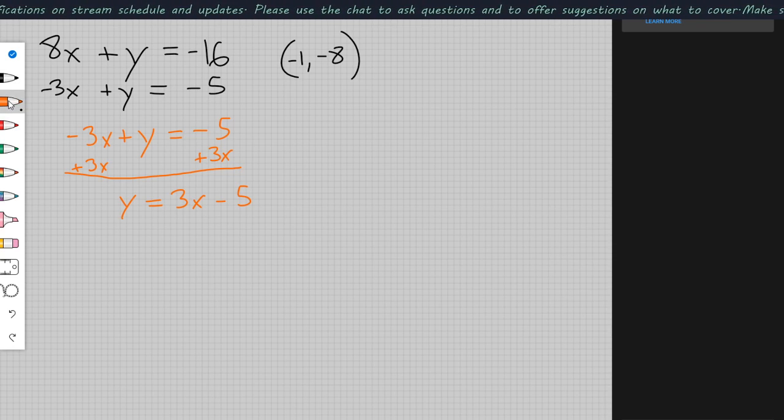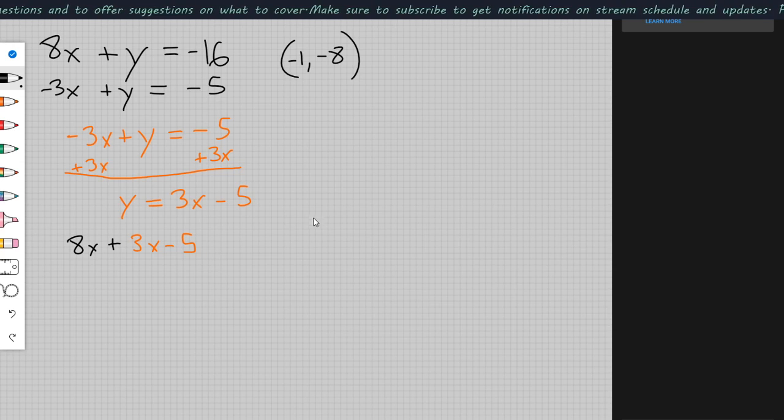So starting with 8x, I'm then going to add my y value that I just found, which was 3x minus 5, and that's equal to negative 16.